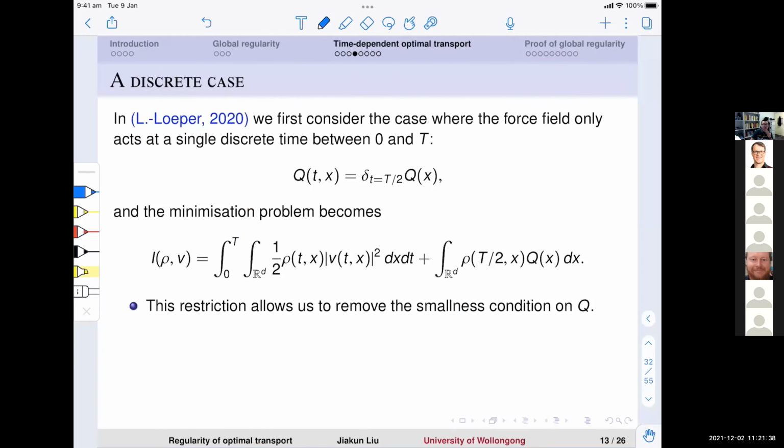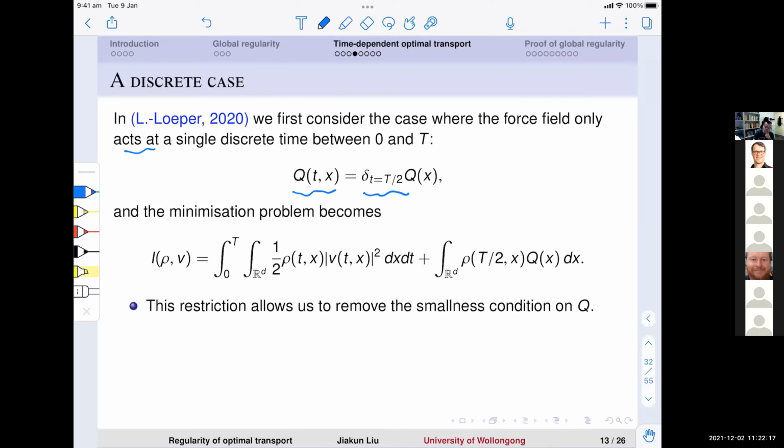And what we are doing with Gregoire is we consider a different situation. We assume this external force, we don't know where it comes from, only occurs in the middle time. That means the q is only present at time half of T. So the universe is evolving by itself, but suddenly something happens, everything is changed by some kind of external force, and then after it happens once, it moves again.